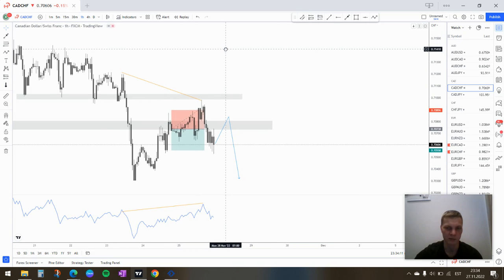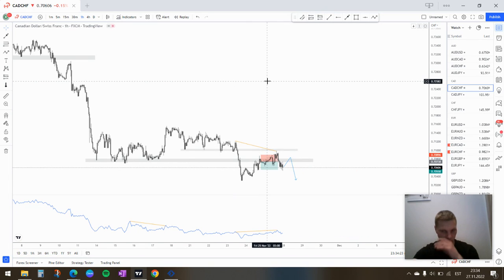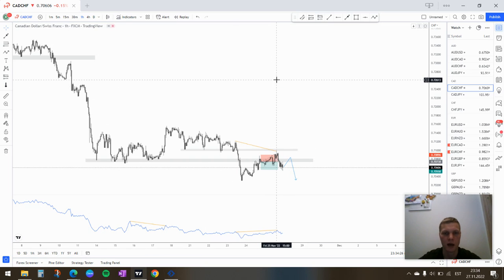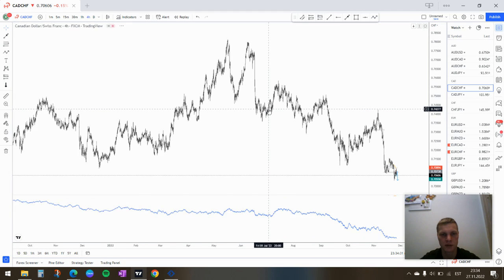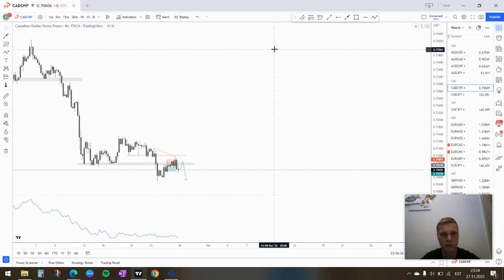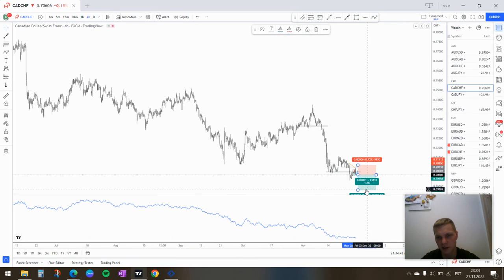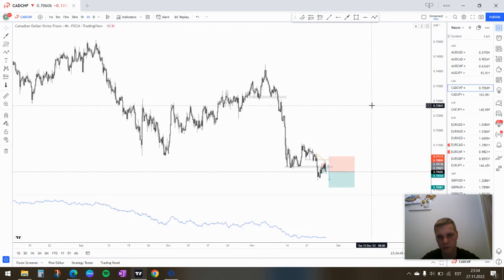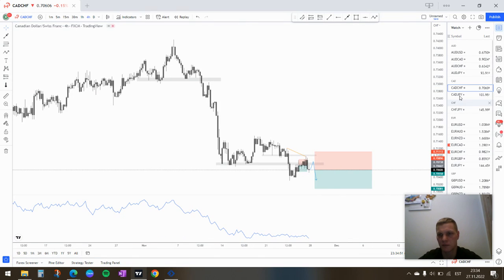I'm not gonna take a trade at market open because the spreads are gonna be crazy, especially on CAD CHF, which is not one of the major pairs. So who knows? Depending on where the price opens, I might take a sell from here because 50 pips, I mean, it's not that bad. It can drop 50 pips easily. On H4 it doesn't look bad. So I might look for that.